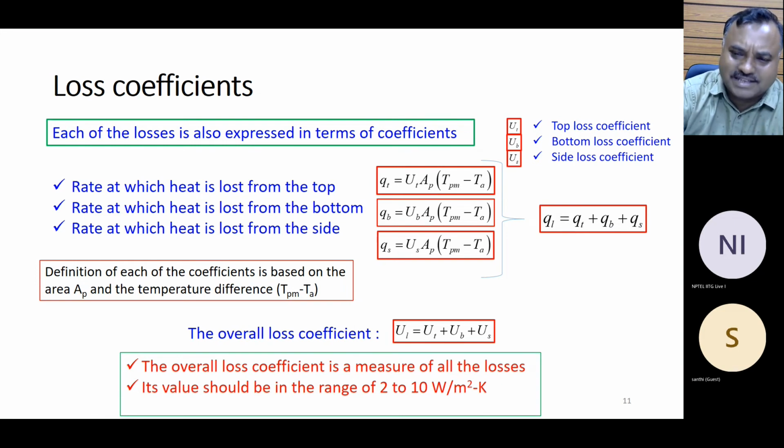And also we must check whether these losses fall in the range suggested by the designer, right? Normally this value should be in the range of 2 to 10 watt per meter square Kelvin. If it is beyond that, then your design is not correct, and we need to think of modifying your earlier assumption or design.